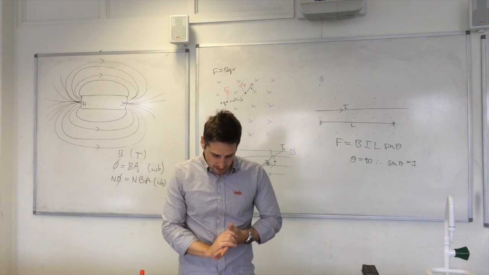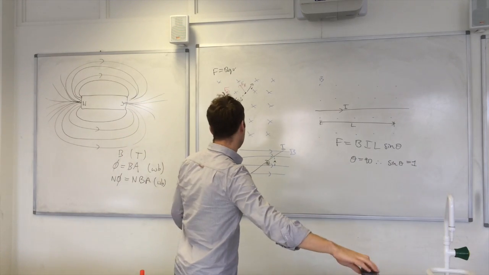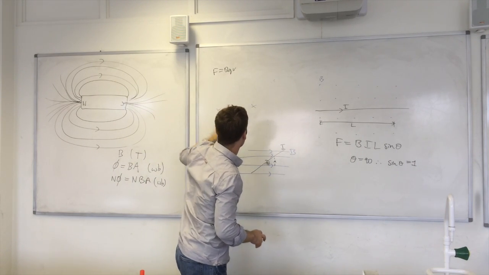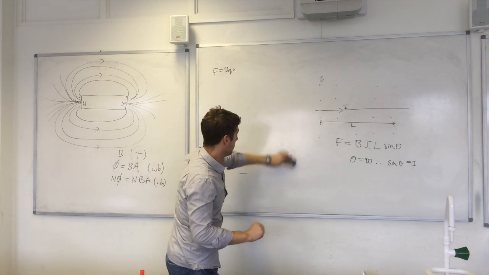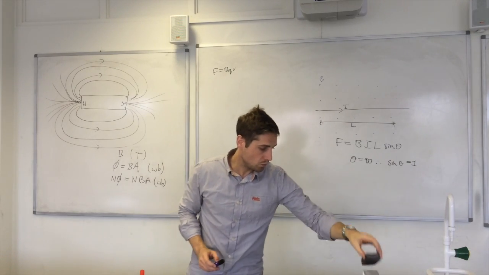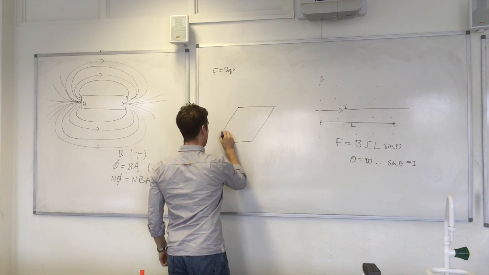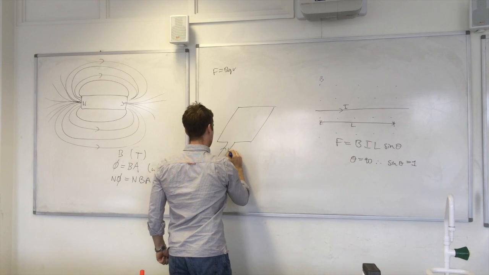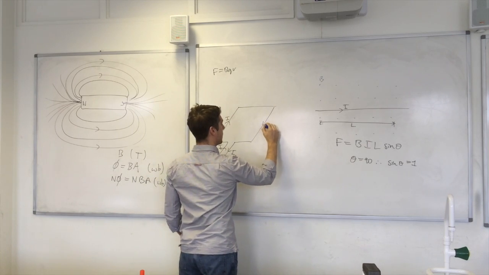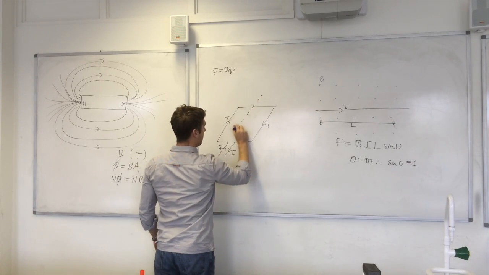Okay, now that's just a straight conductor through our field. Let's take a coil, a square coil. Now, the thing about our coil, it can rotate around this axis here.